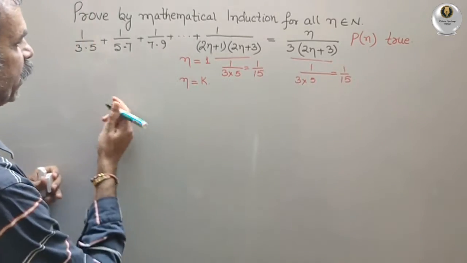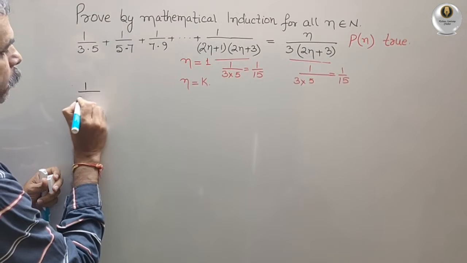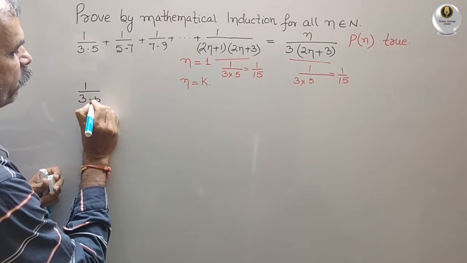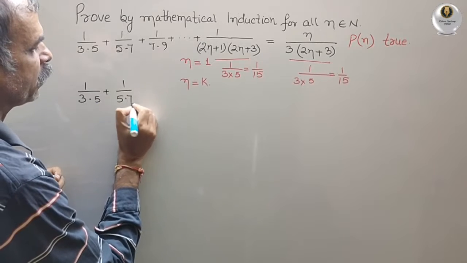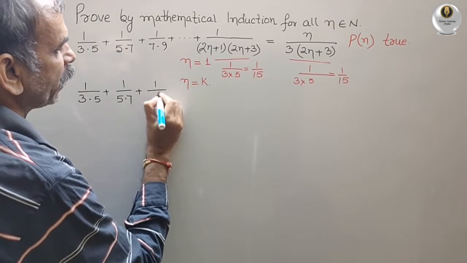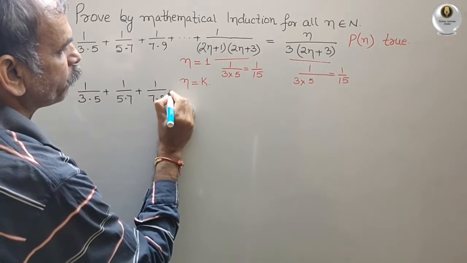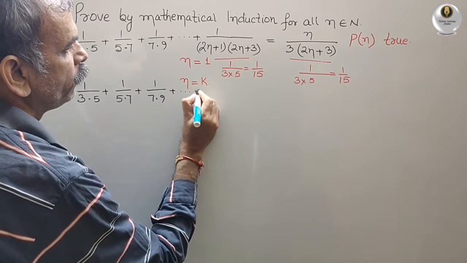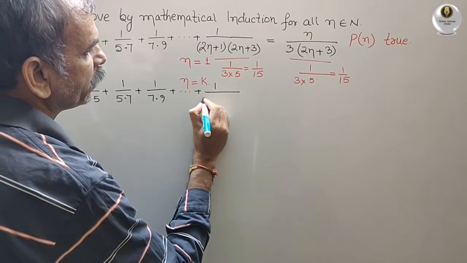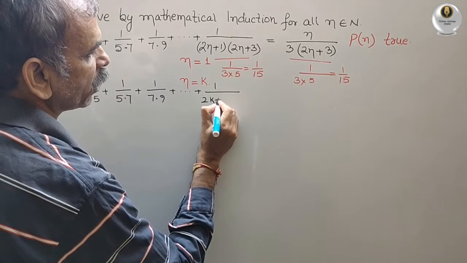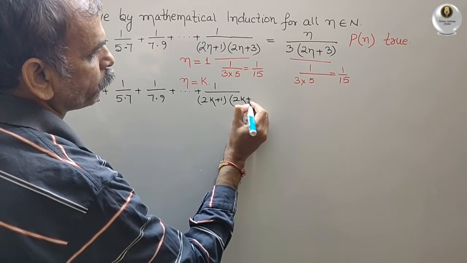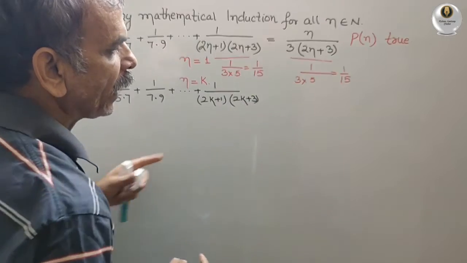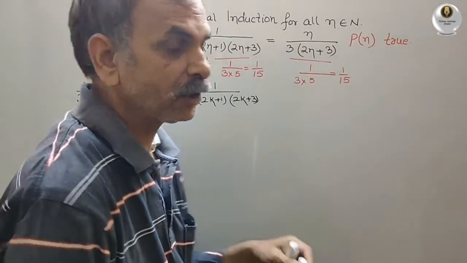So here what you will get? 1 by 3 into 5 plus 1 by 5 into 7 plus 1 by 7 into 9 plus so on up to 1 by (2k plus 1) into (2k plus 3), and the right side also will get changed.